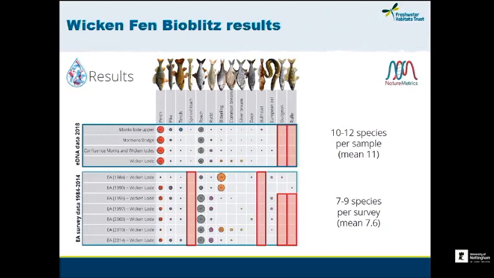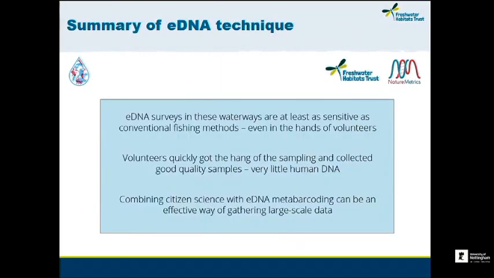We did find 2 additional species that have never been found by the Environment Agency, the spined loach and the bullhead, which is quite interesting, and it suggests that these eDNA sample surveys are at least as sensitive as conventional fishing methods, even when you're using volunteers to collect them.